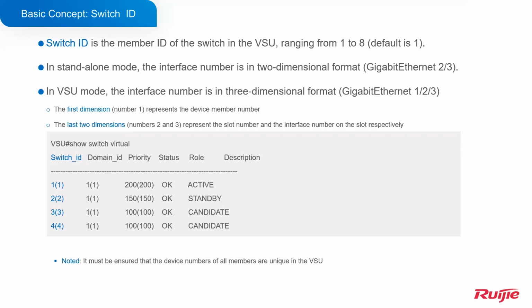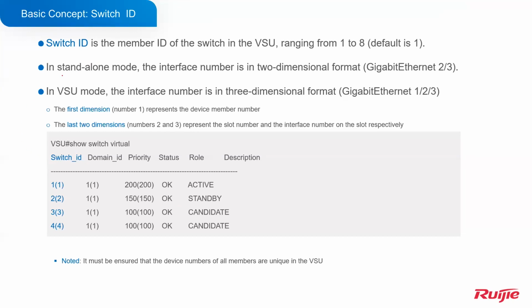But if you want to add them into the same VSU, you must change the switch ID. Everyone in the same VSU must have a unique switch ID, so you have to use a command to change it.